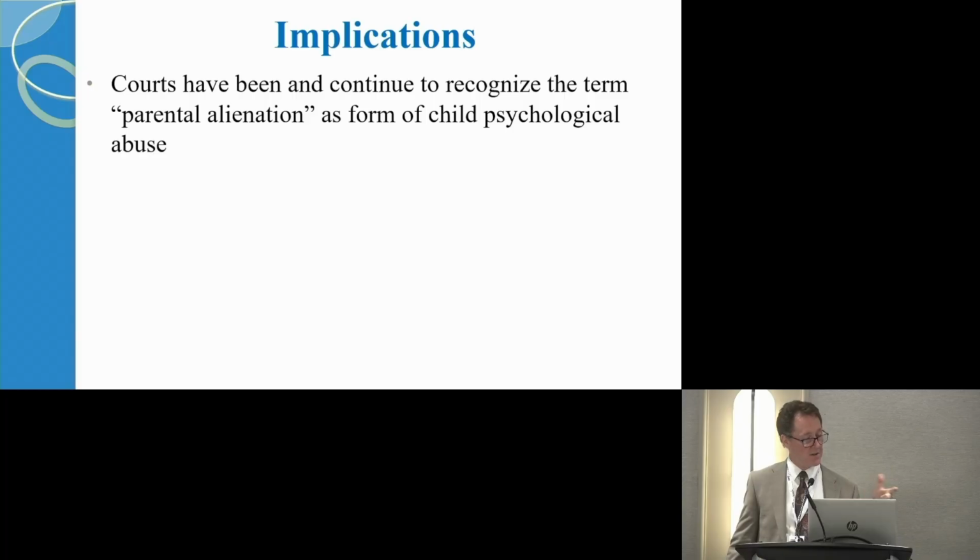And the implications are, courts have been and continue to recognize the term parental alienation as a form of child psychological abuse. They're saying that term means a parent's abusing the child with alienating behaviors, and they call it parental alienation, and there's no symptoms of parental alienation syndrome.